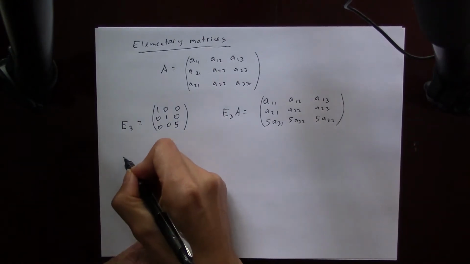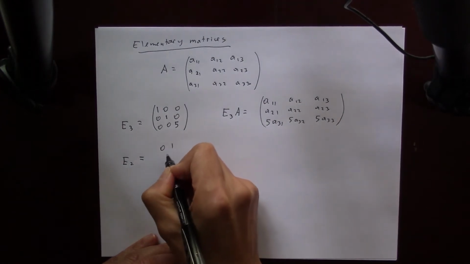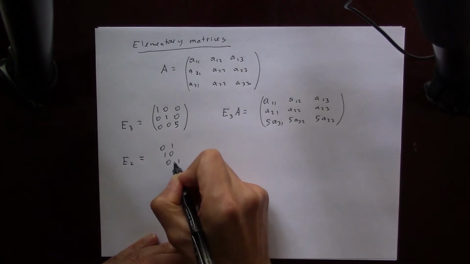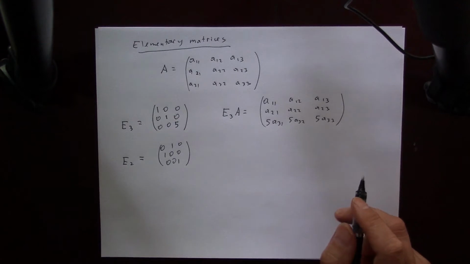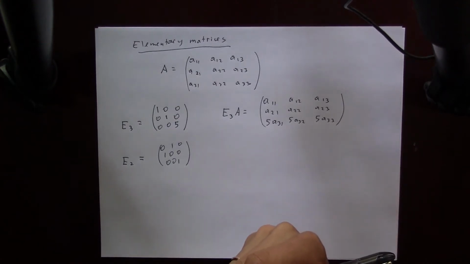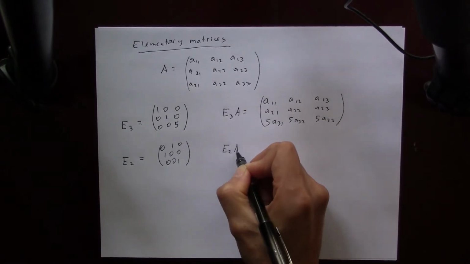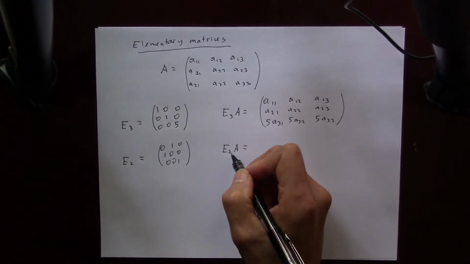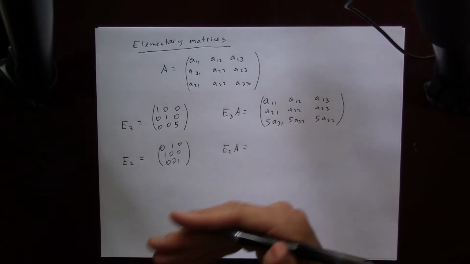An elementary matrix of the second kind looks like this. It's basically your identity matrix, but with row 1 and row 2 flipped. If you take E2 and multiply by matrix A, what is going to happen?